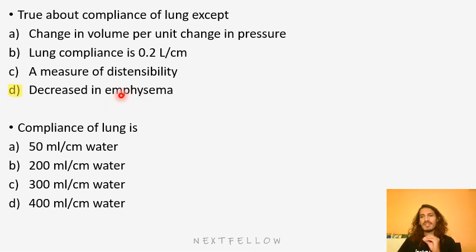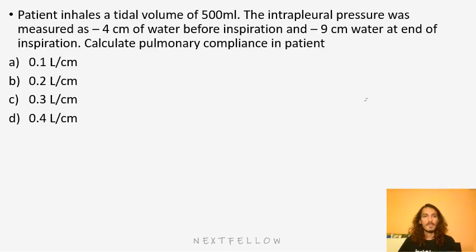This is the only one thing you have to remember: COPD, emphysema, you have an increase in compliance. Compliance of lung: the answer is 200 milliliter per centimeter of water. As you remember, it is 0.2 liter, so 200 milliliter per centimeter of water.